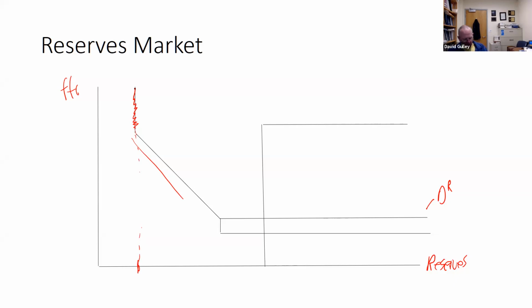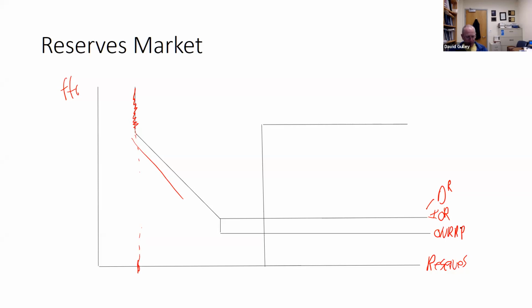We also have two other parts of the demand for reserves curve. What's most interesting here is that we have the interest on reserves rate and the ON RRP rate. I mentioned earlier, these are called administered rates, and the Fed will move these up and down to move short-term interest rates up and down.